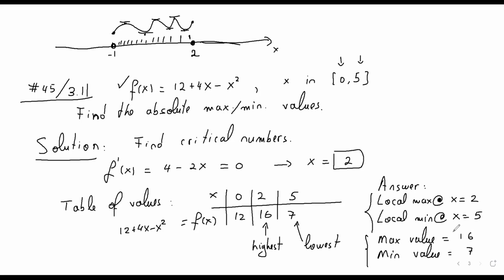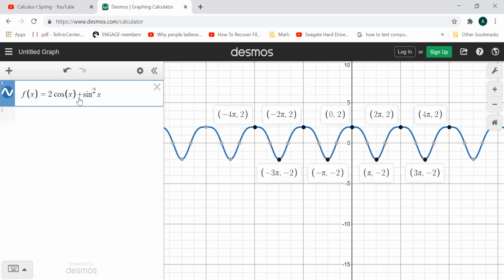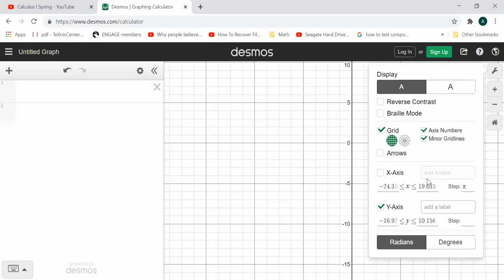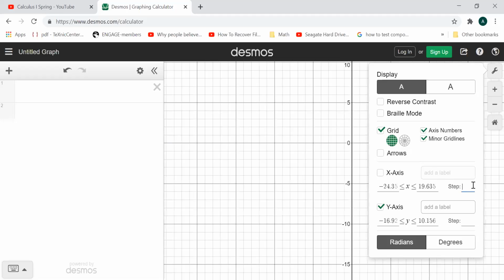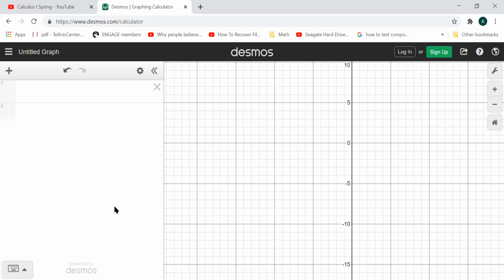And then so that we can actually see what we do here, we can put this on decimals, and let me share decimals with you. Again, I'm going to get rid of this function. We're going to move on. We want a step of 1. We are going to write the function f of x equal to 12 plus 4x minus x squared.